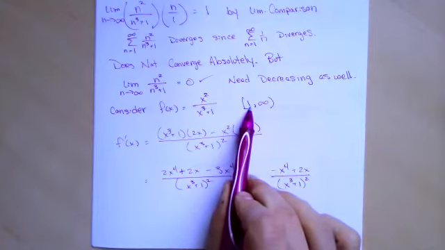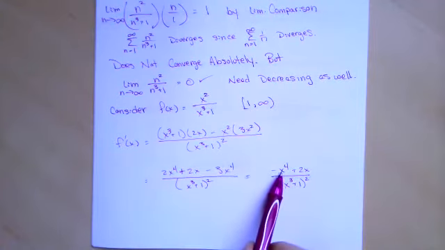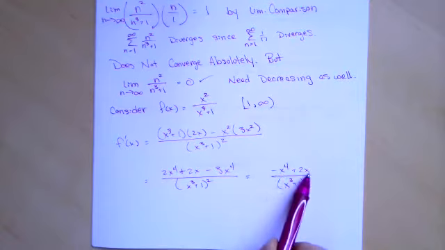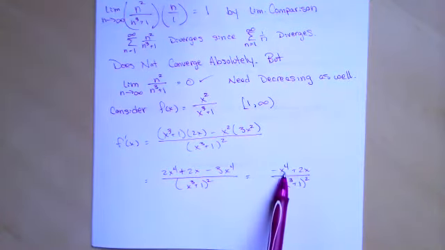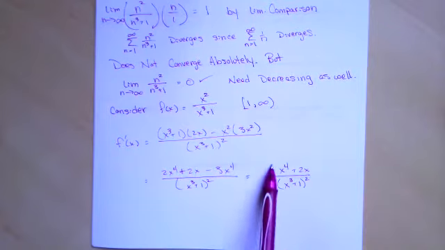So let's consider our range. Our range is from 1 to infinity. What are the zeros of the numerator? So it looks like actually if I plug in 1, it's actually going to be positive.